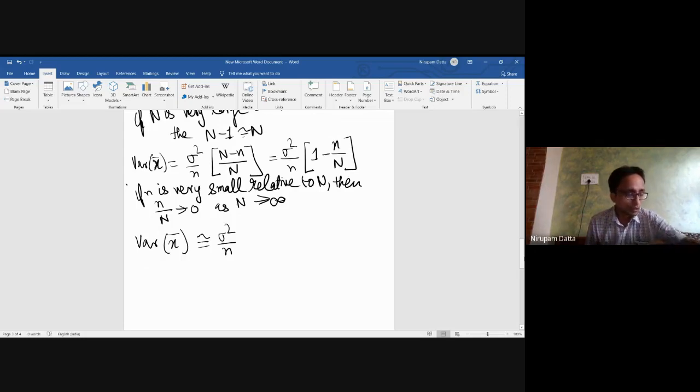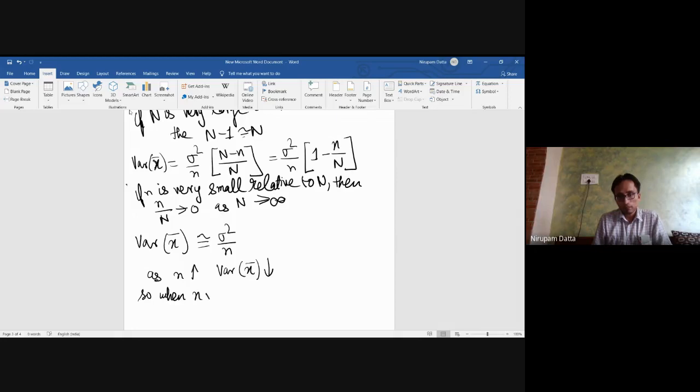Fine. Now, as n rises, this variance of x bar will also keep on falling. So when n becomes very large, the variance of x bar will tend towards 0.